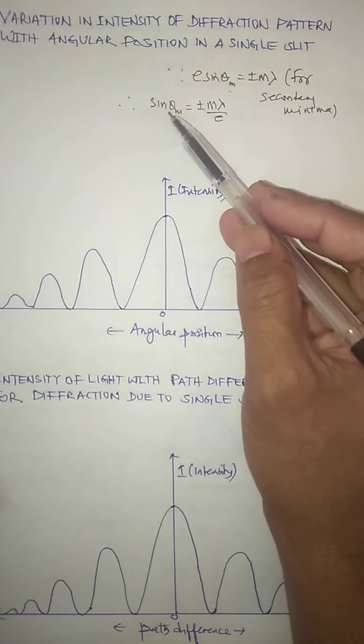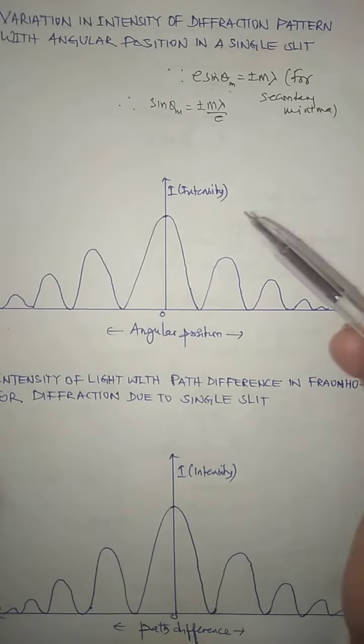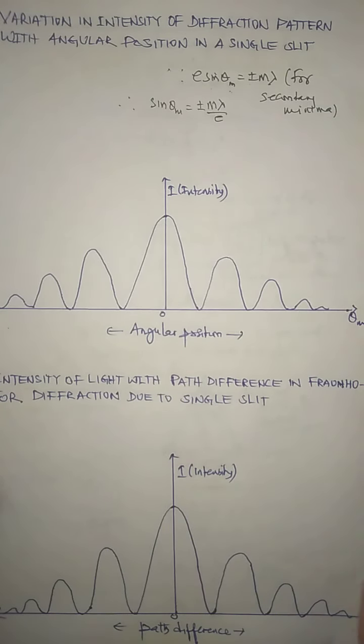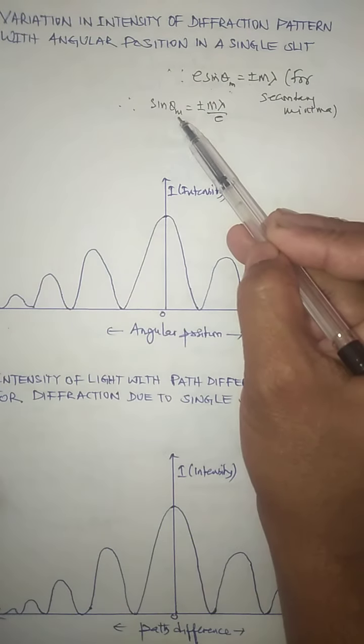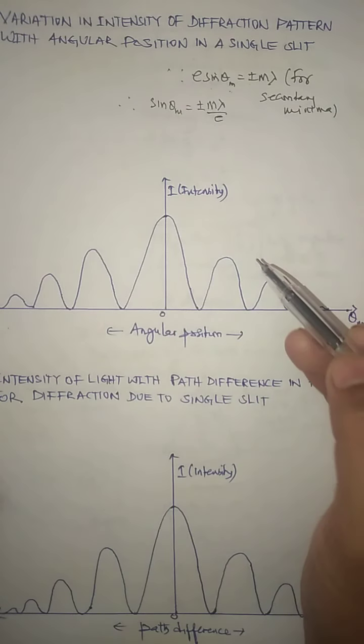In this expression, theta m is the angle made by the mth secondary minimum with the central maximum.